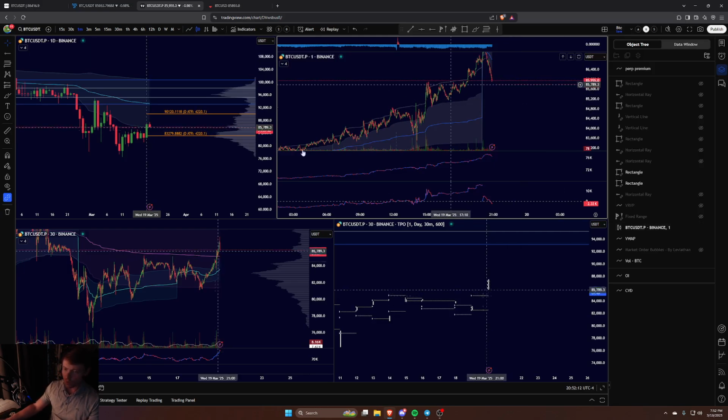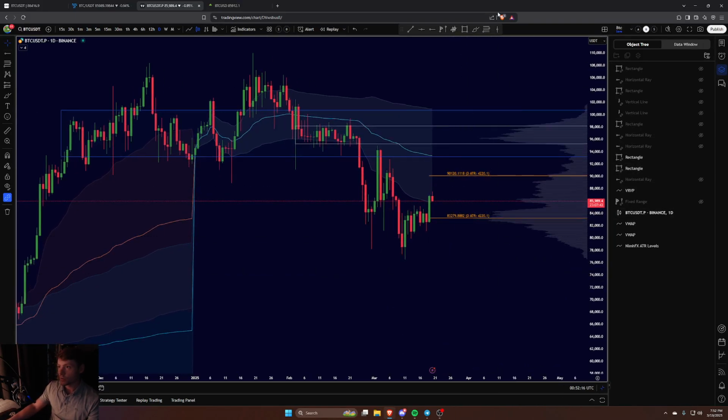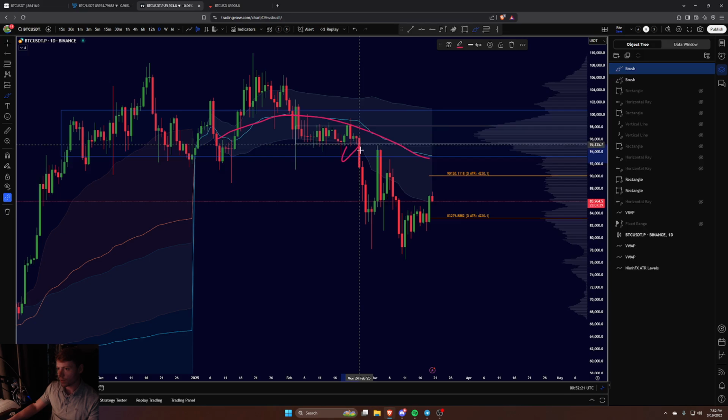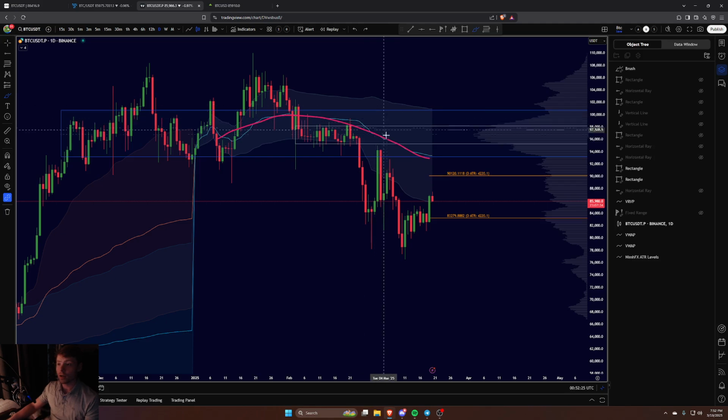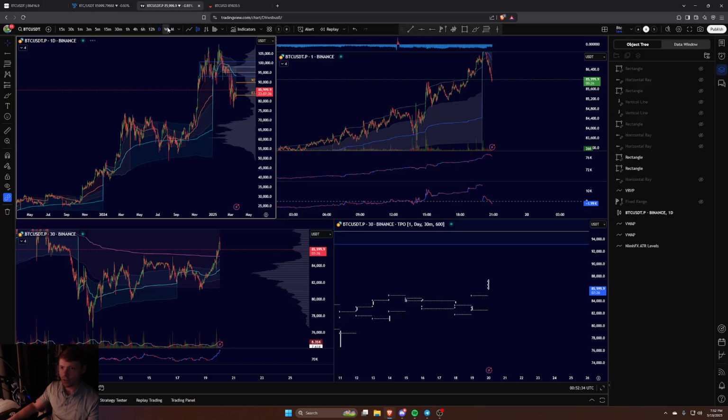The first thing I'll do for the day is look over the high time frame VWAPs. Where are we, right? Obviously, we're in a downtrend, holding outside of this one standard deviation band. So I'm medium time frame bearish. The major trend is up, for sure, you can't deny that.